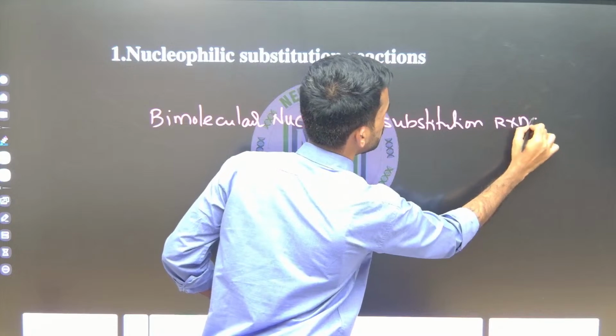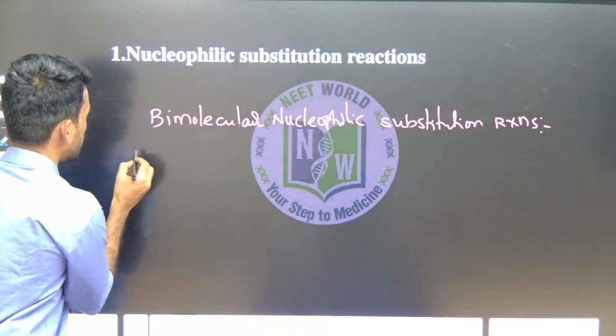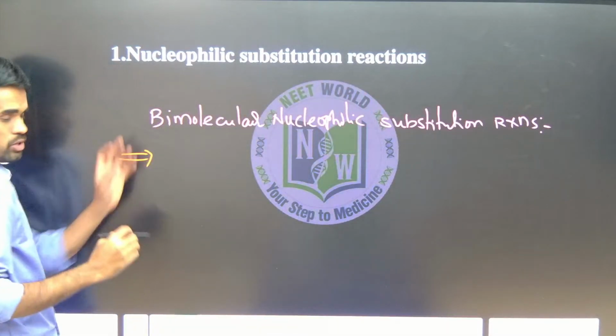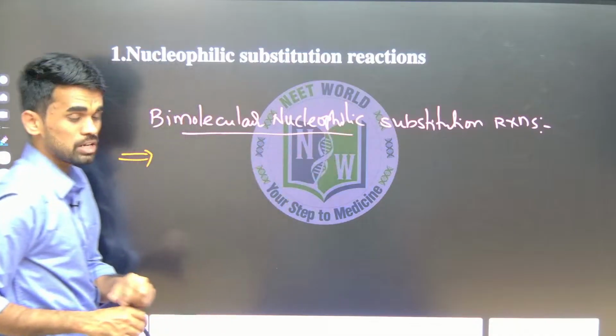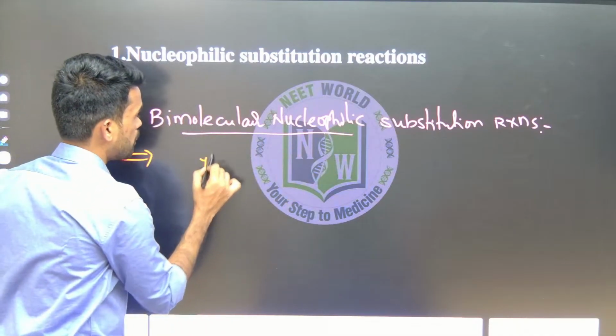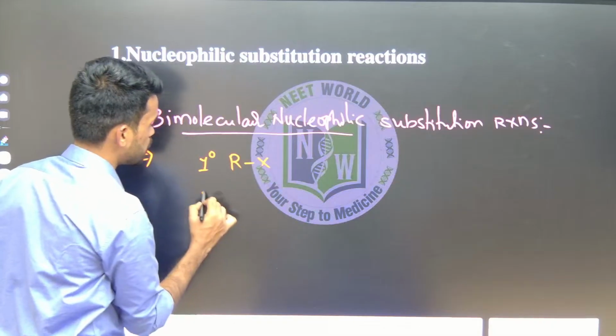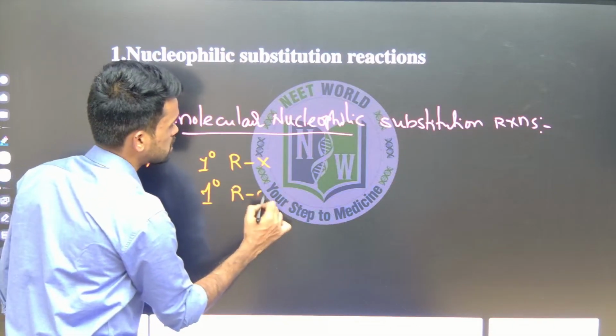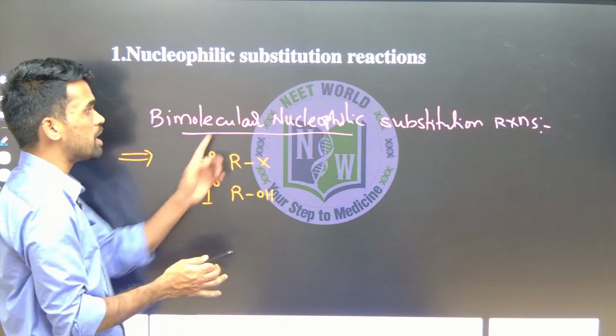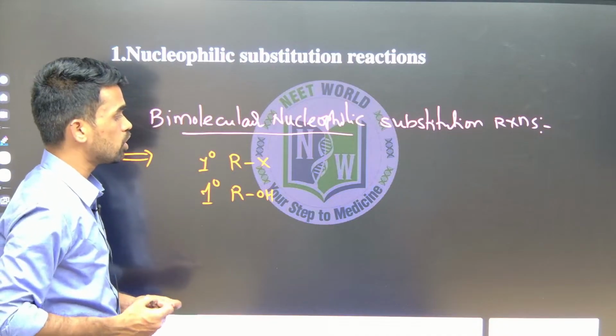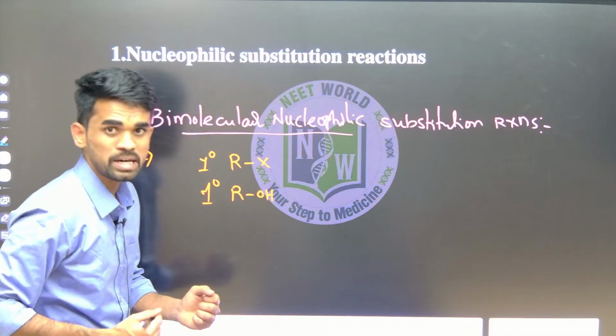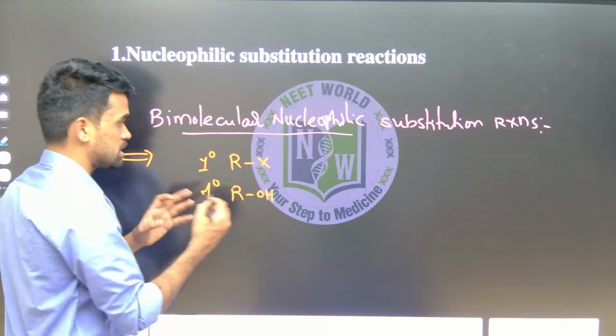Here, first of all, you need to know the reactivity order. During these reactions, primary alkyl halides or primary alcohols will readily participate in this bimolecular nucleophilic reaction. Why they will readily participate, I will explain. Just write these statements first.